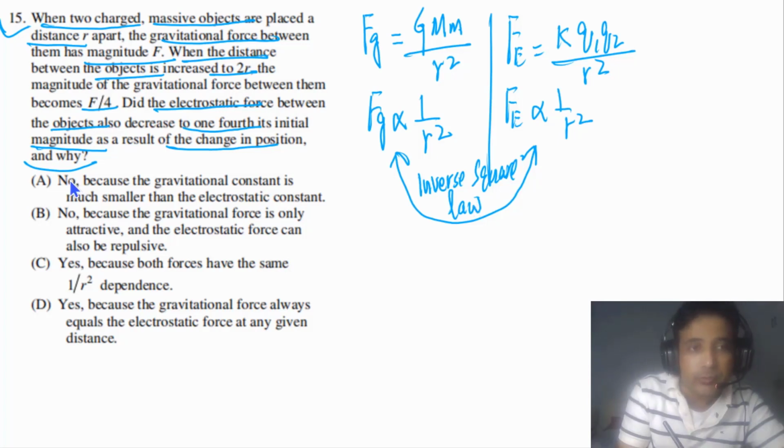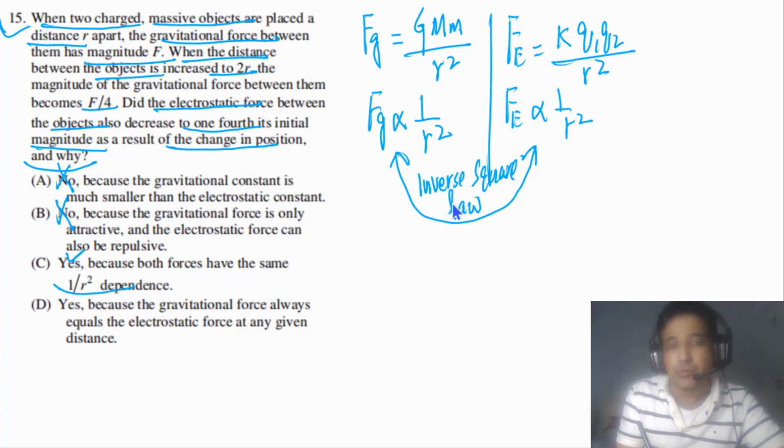Now if you look at option A, it is given to us no, so this is incorrect. B is also incorrect, no. If you look at option C, this is given to us yes, it obeys the inverse square law. So yes, this is right, because both forces have the same 1 over r square dependence, meaning both forces obey the inverse square law.